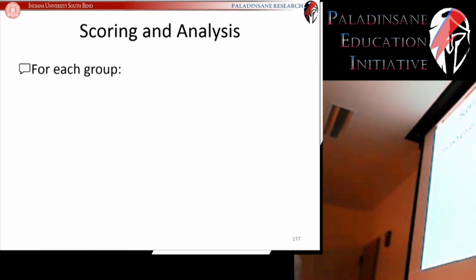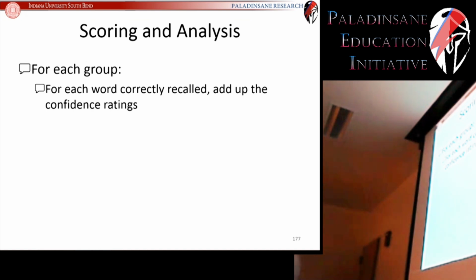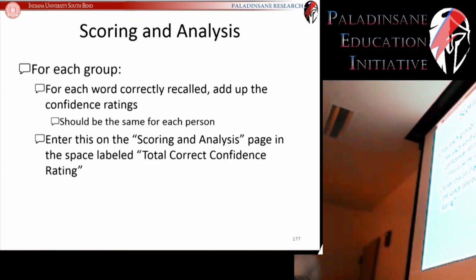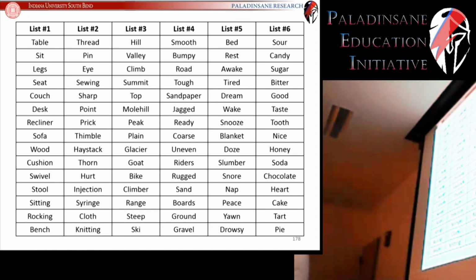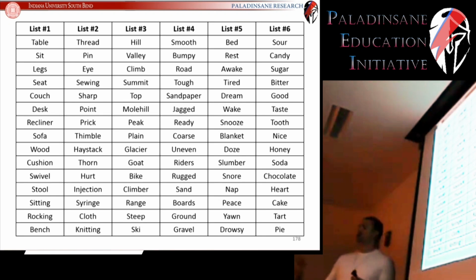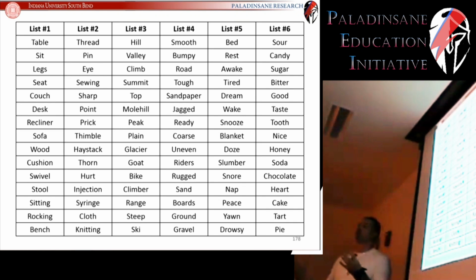The next step is for each word that you correctly recall. Now that you have identified which words are the correct words, what you want to do is add up your confidence ratings for those words. You're going to enter this on the scoring and analysis page in the total correct confidence rating line right there. So there are the words again if you still have to finalize those lists. But if you got all 90 words and you are 100% confident about each of them, then that'll be 4 times 90, which gives you 360 in terms of your total confidence.